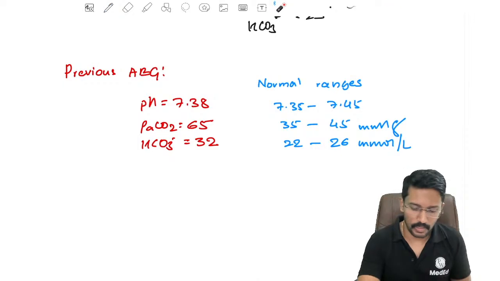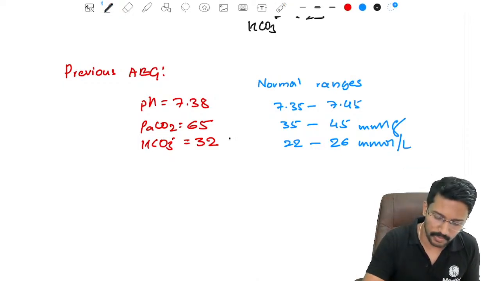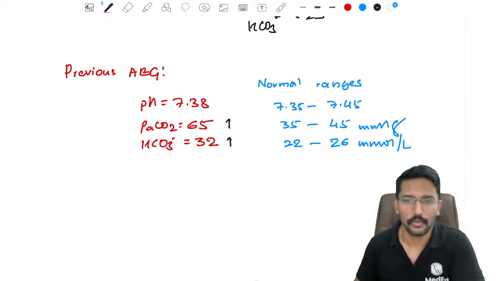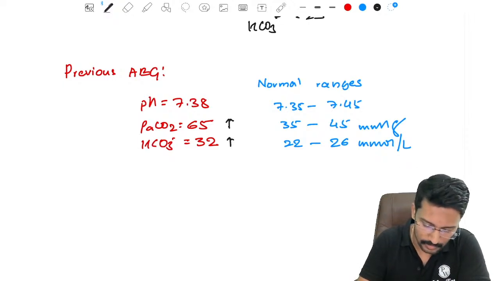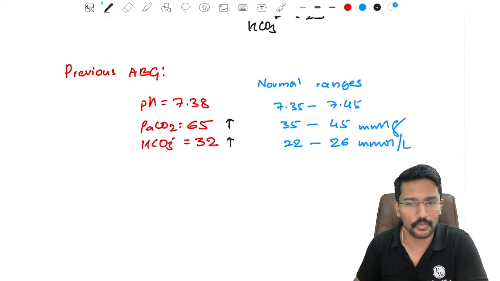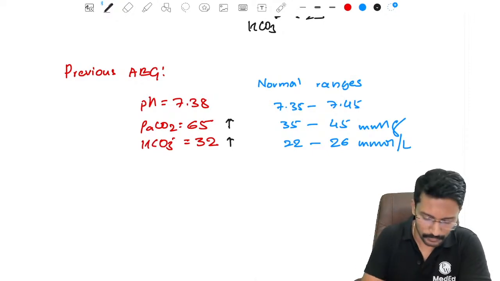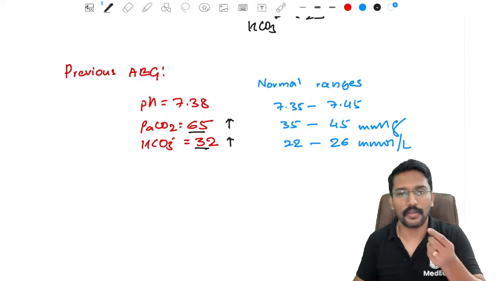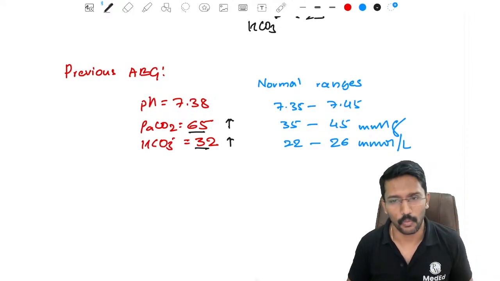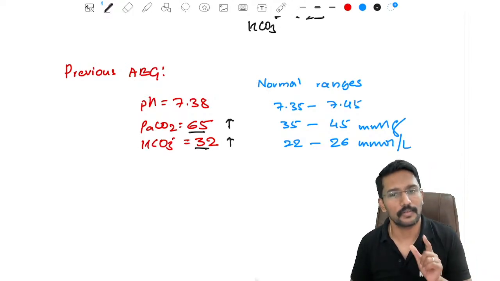Okay, so here I can clearly see what is happening with bicarb. Bicarb is increased, PaCO2 is increased, but pH is in the normal range. So can I call that this is a normal ABG and there is no abnormality at all? Obviously no, because I can clearly see that the contents of the ABG are abnormal. The only thing is pH is in the normal range. Why?